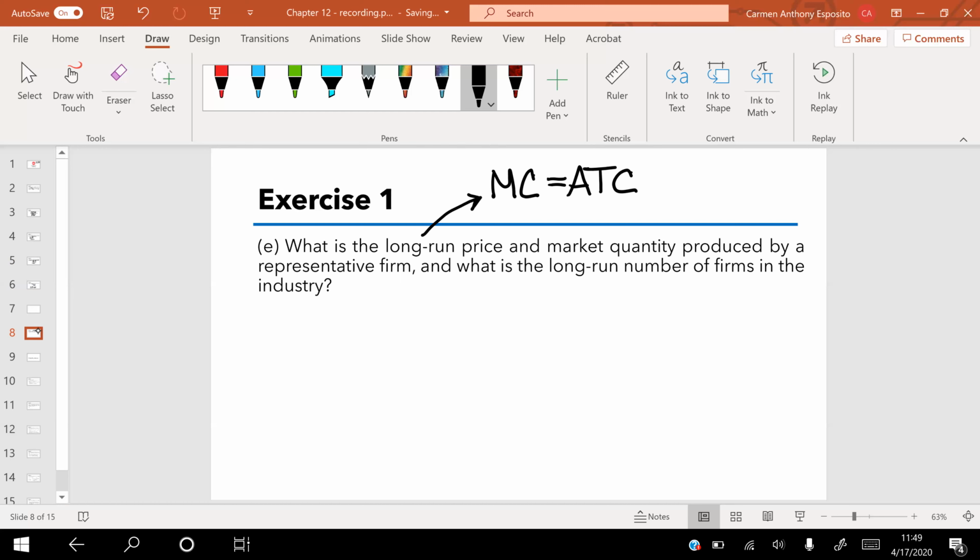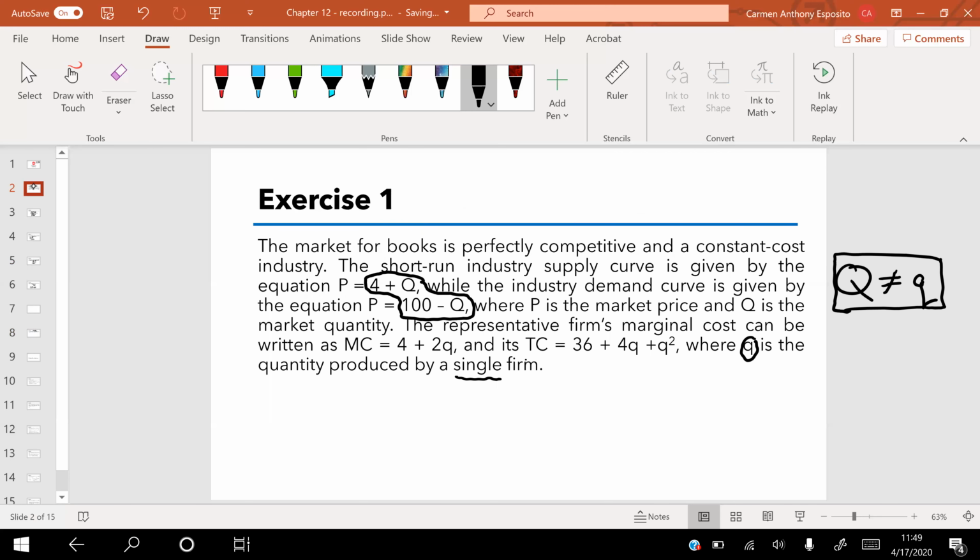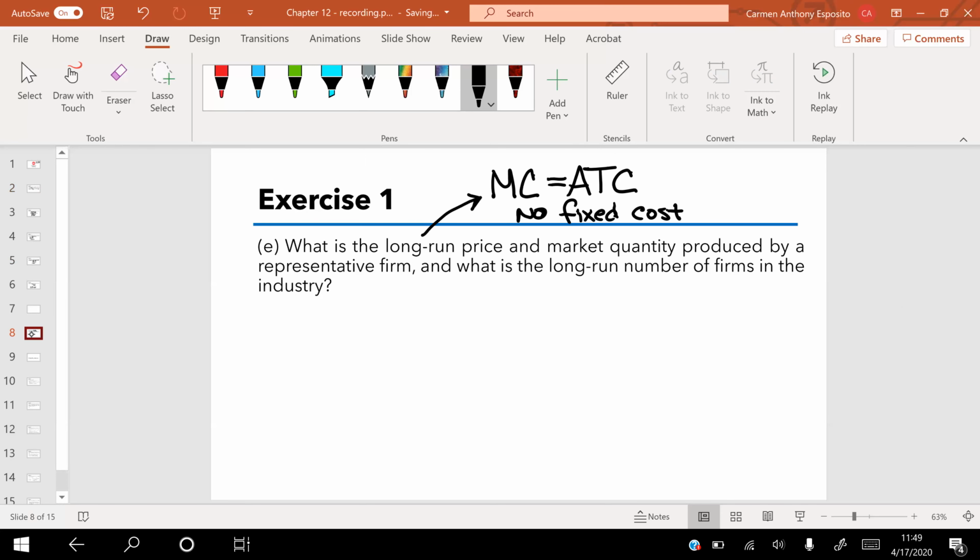Well, in the long run, we no longer consider fixed cost. So what we're going to do is set up our 2 equations. Well, we know what marginal cost is. It's 4 plus 2q. So let's write that out. 4 plus 2 little q. Remember, we're talking about a representative firm.